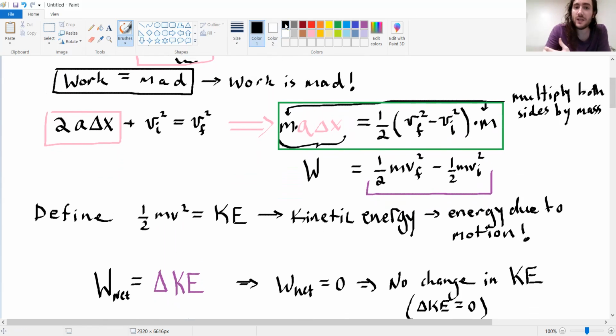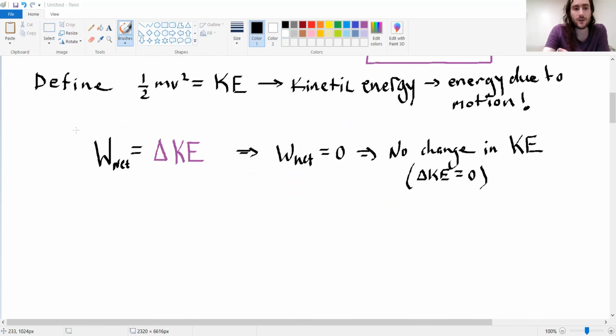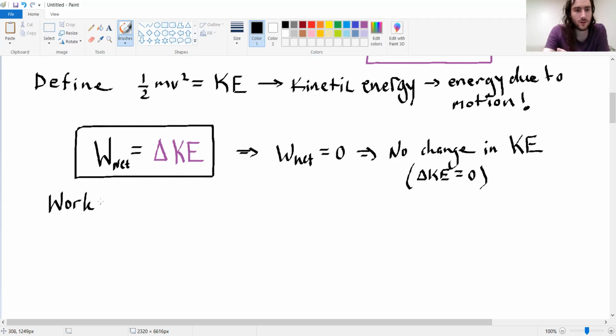However, if we use calculus, we can show that this expression here is true in general and is actually a mathematical statement. It's called the work energy theorem. Whenever you see the word theorem, that means it's always true, right? Work energy theorem.